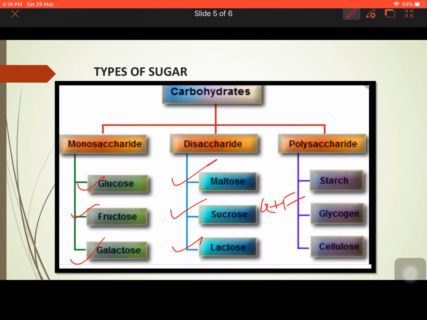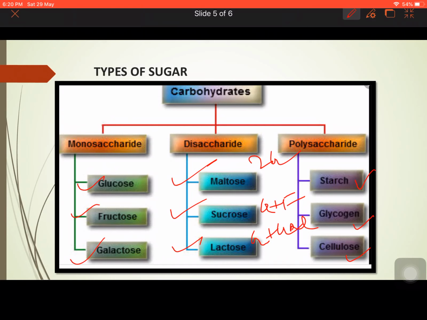Maltose is a combination of two molecules of glucose, and lactose is a combination of glucose and galactose. I think it is clear. It was just a revision. So these are the types of sugar. And polysaccharide, I have told you that starch is a polysaccharide which is broken down to glycogen, and cellulose is acting as a fiber in our body.